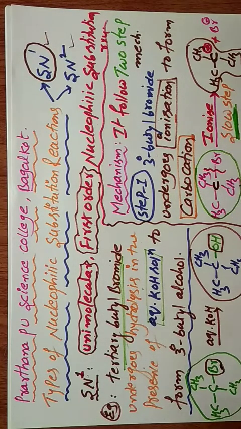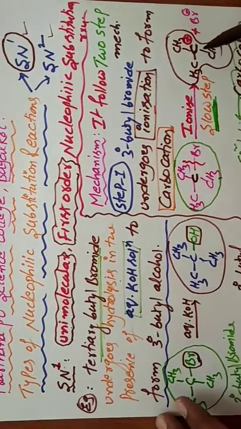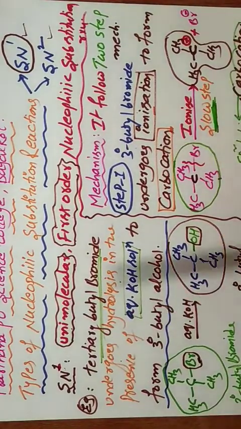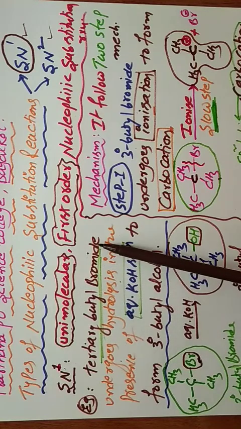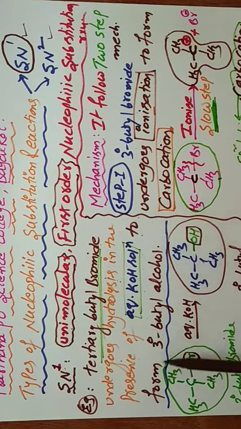So first we are taking one example. By using this example, we can explain the mechanism. What type of example? We are taking tertiary butyl bromide. It undergoes hydrolysis in the presence of aqueous KOH solution to form tertiary butyl alcohol. This is the statement.